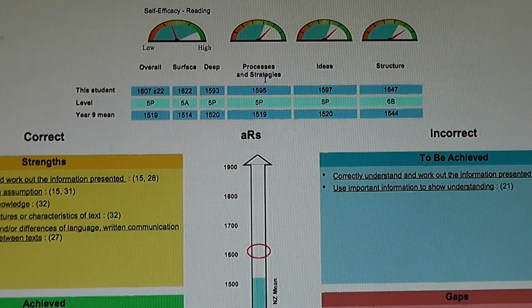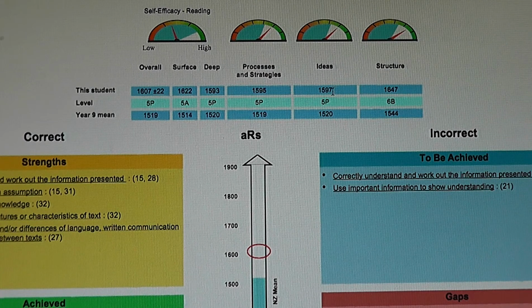This one here, processes and strategies, is how they go about approaching text. What do they do? Do they skim through it first if it's a non-fiction text, or do they just guess, basically? Obviously this girl has some skills that she uses to follow a bit of a strategy here, and the evidence is in the test that she's doing that, given the fact that she's well ahead of the national Year 9 mean. Ideas, same thing.